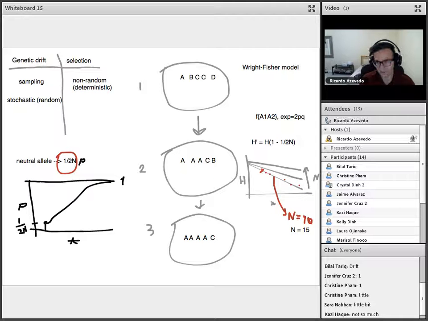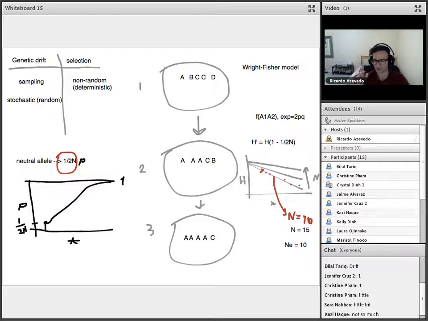In the case of the population that you have been observing, the Drosophila, since the decline in heterozygosity matches the expected trajectory for a population of 10, you can say that the effective population size of the experiment is 10. So this Drosophila population has an effective population size of 10. That is the formal definition of effective population size.